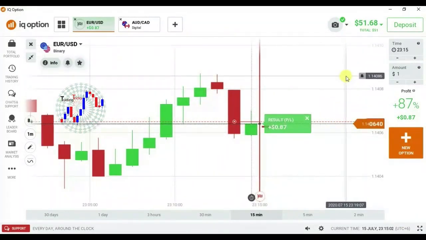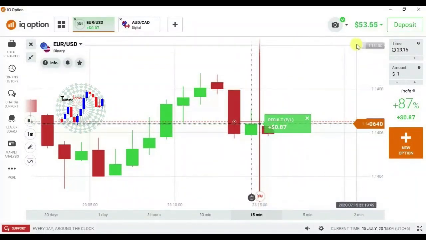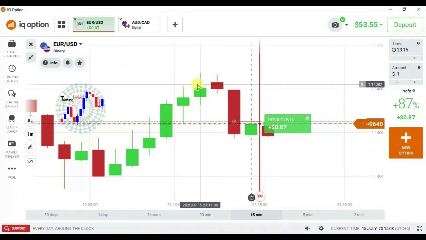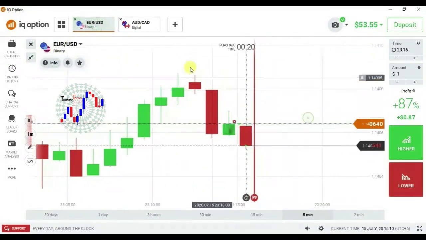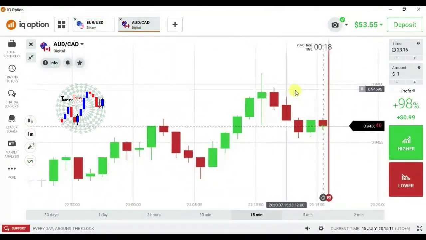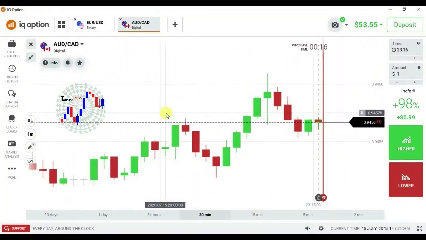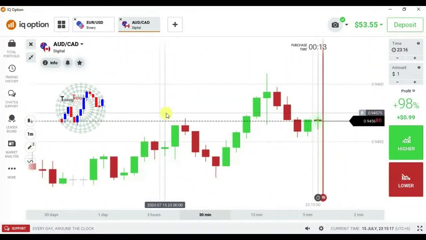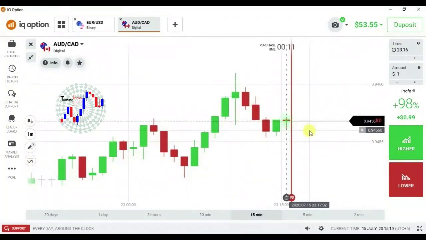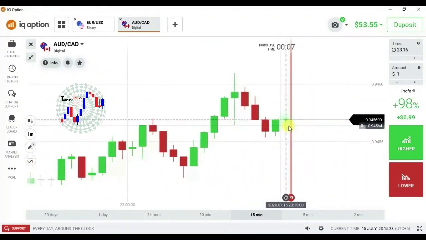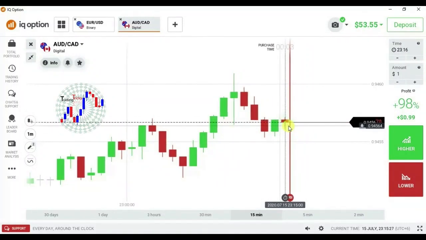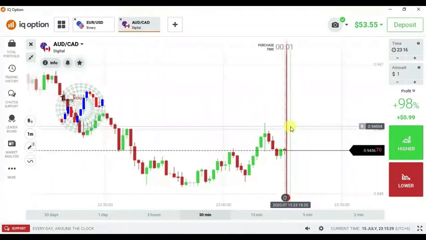Okay, so as you can see, you can close your position in binary up to 45 seconds. And in digital there is no ITM, you already know. So now I will place one trade after this candle, then I will explain more about this, so you will understand more.